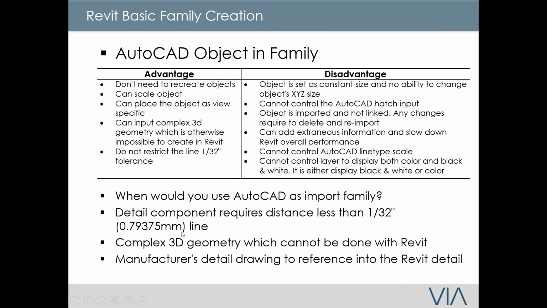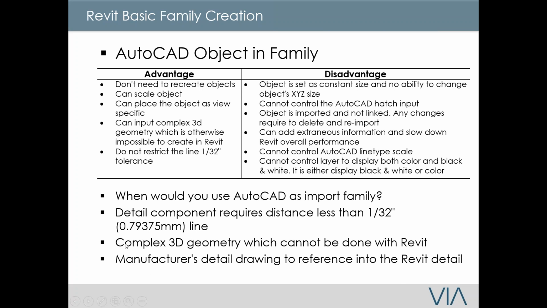You can go as small as possible, whereas in Revit you cannot do that. So most often people just import a detail component, because a lot of the manufacturers already have all these details created.